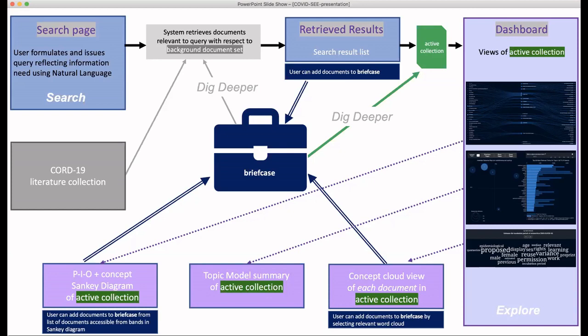And so we have that element of search. We have exploration through the visual dashboard. Various views in that dashboard, and along the way you can pick up articles and add them to your briefcase, and then you can iterate. So we have searching, we have exploration, and we have the ability to support alternating between those two modes.